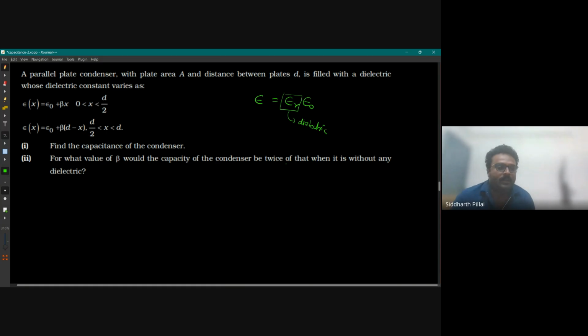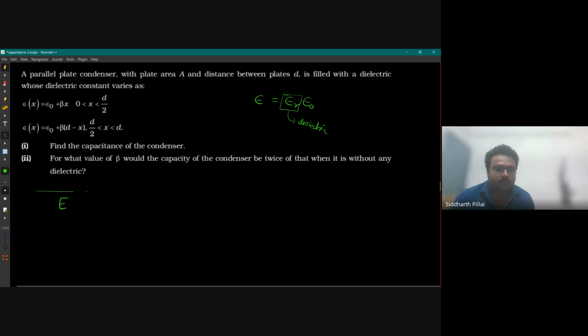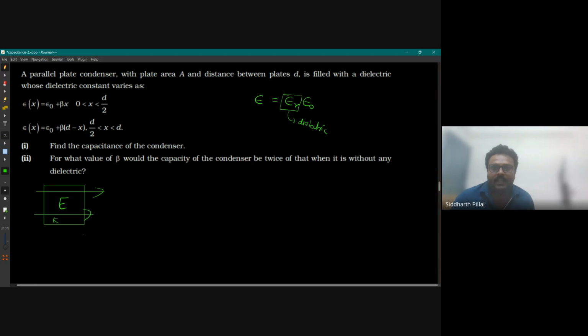That's one point. Now, in general, if you have some field in a region, with the introduction of a dielectric with a constant K, the field reduces by a factor of K. Typically, let's say you have a parallel plate capacitor.